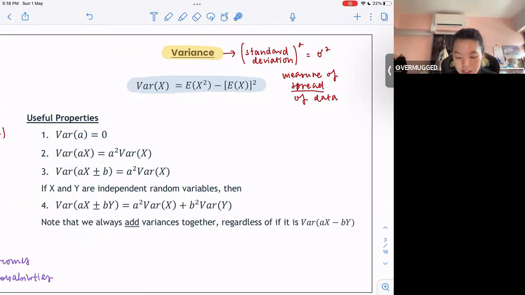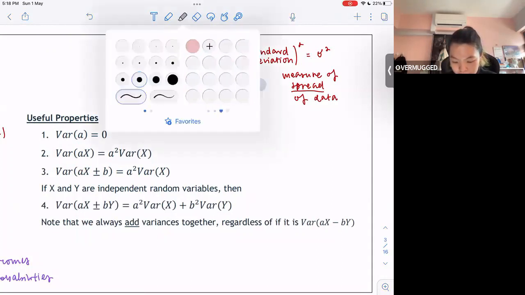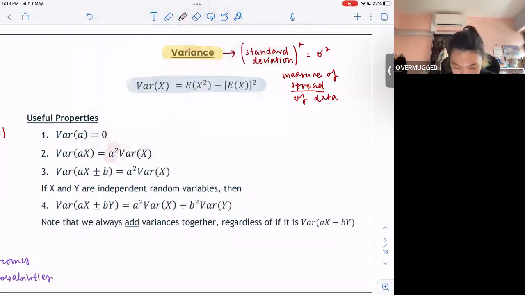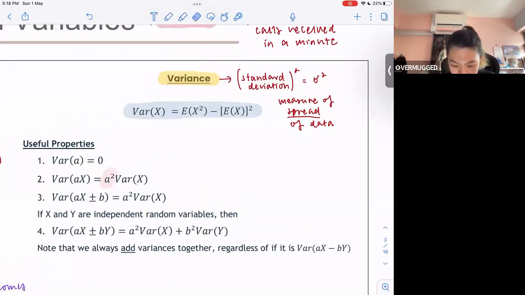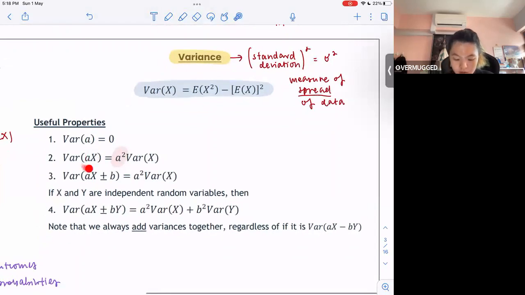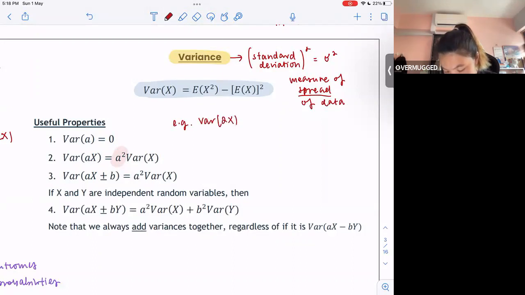For variance, it's very special because if you have something multiplied by the variable inside here, you're going to have to square it. So examples would be: variance of 2x will then be 2 squared times the variance of x.